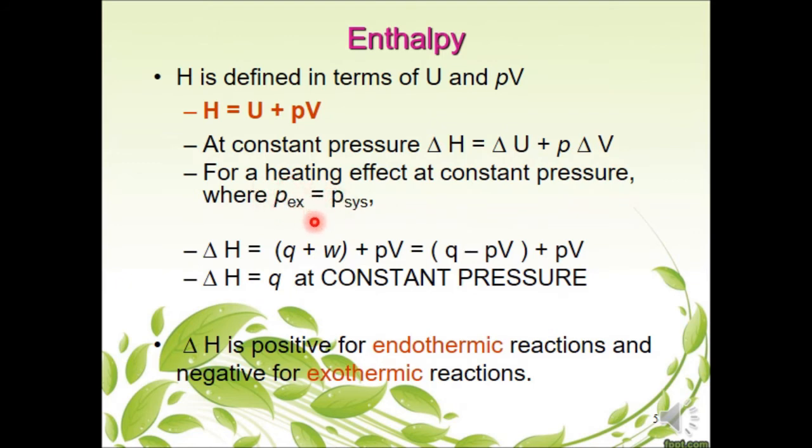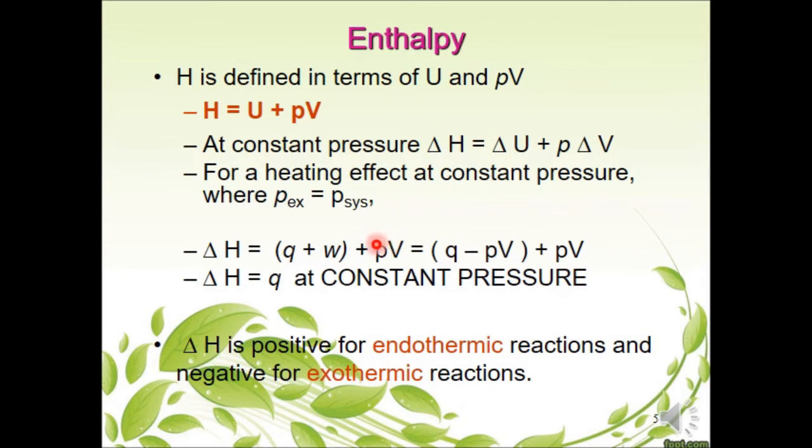If the heating is done under constant pressure, that means the external pressure is equivalent to the internal pressure, the pressure of the system. Therefore we can rewrite the formula: the enthalpy change equals the internal energy change, which is Q plus W, plus PV.